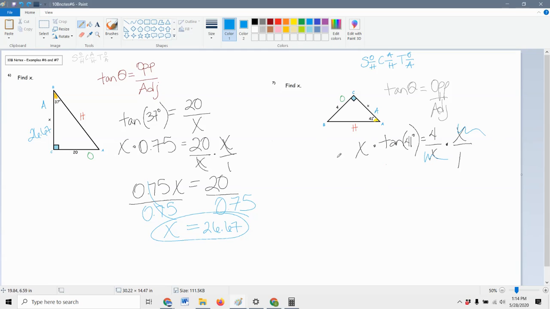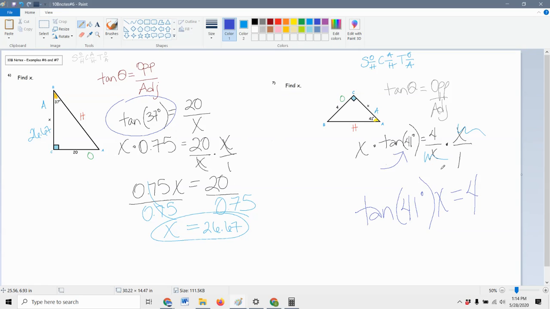So we'll end up with tan of 41 times x equals 4. Now, we did this one a little bit different. I'm just wanting you guys to see that you can find your value for tan in the beginning, or you can do it here.